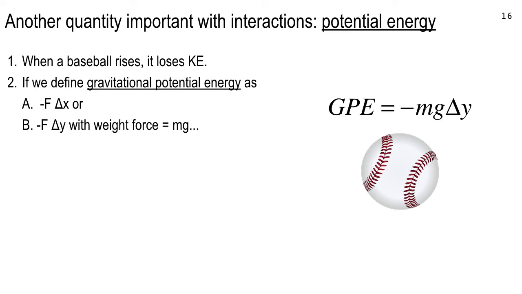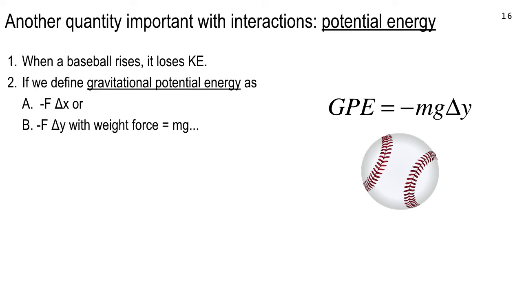All right? So here's your formula. The change in gravitational potential energy is minus mg delta y. And the minus sign out in front is opposite of.